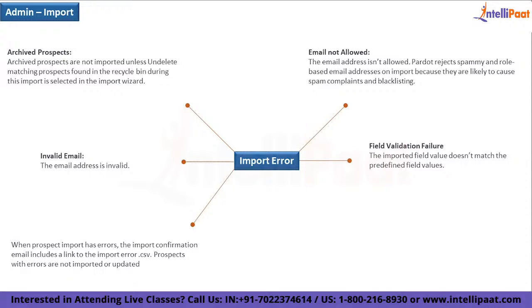Consider a situation. A classic example is you want to upload a country code. For the US, you have US. For Australia, you have AUS, but you uploaded the value AU, while you had AUS as the predefined value for Australia. In that case, it doesn't match, and the entire prospect will not get uploaded.